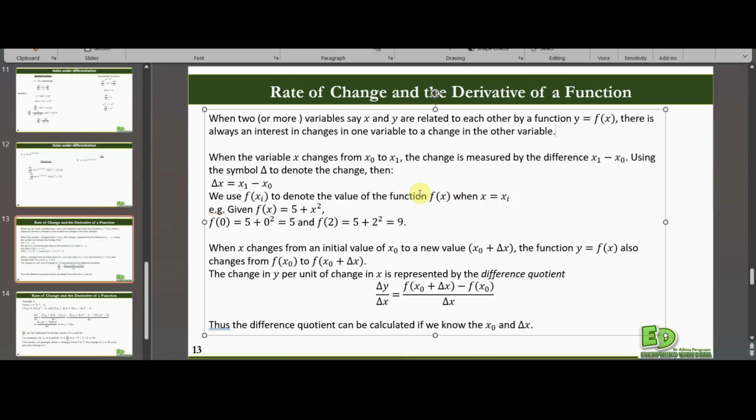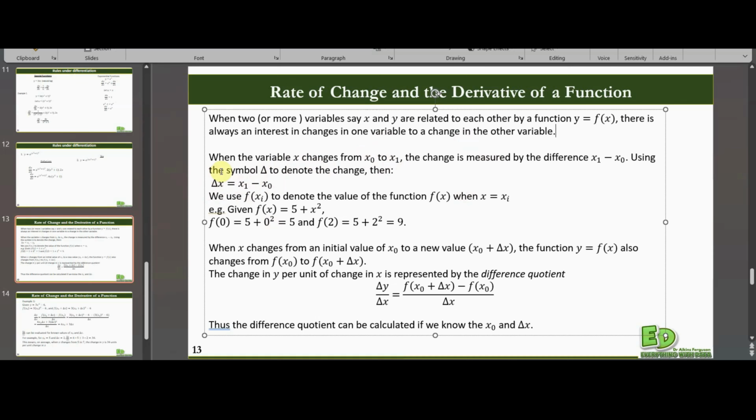The change in x is just saying that if x changes from x0 to x1, then the change in x is x1 minus x0. That is just representing a change in x we have here.